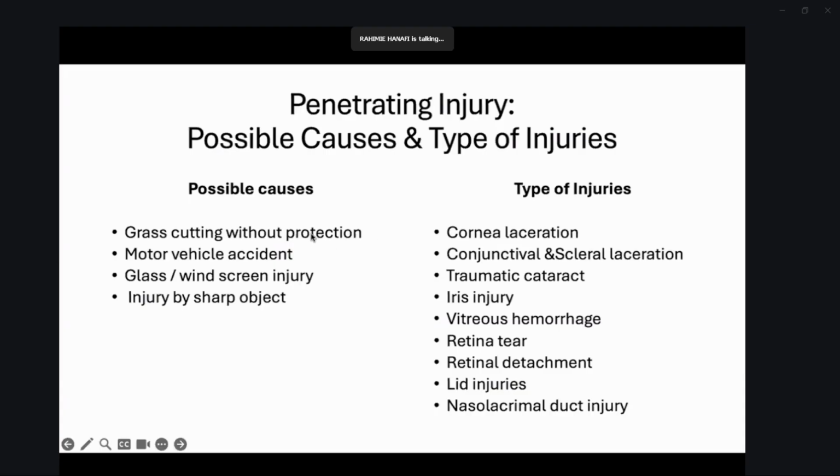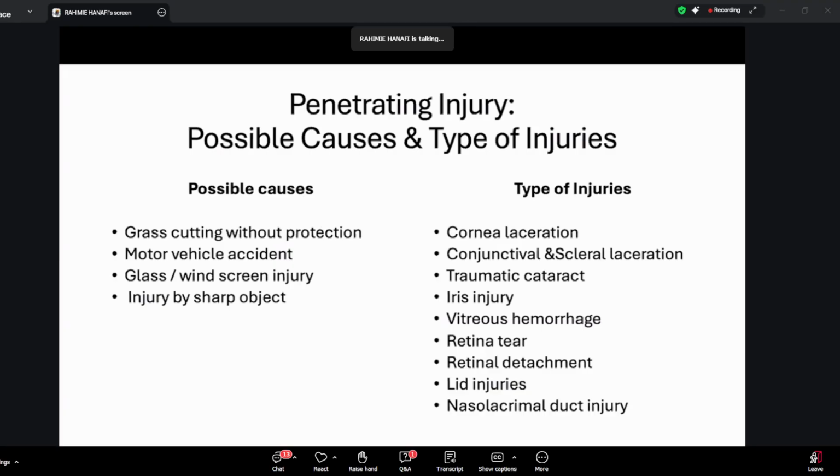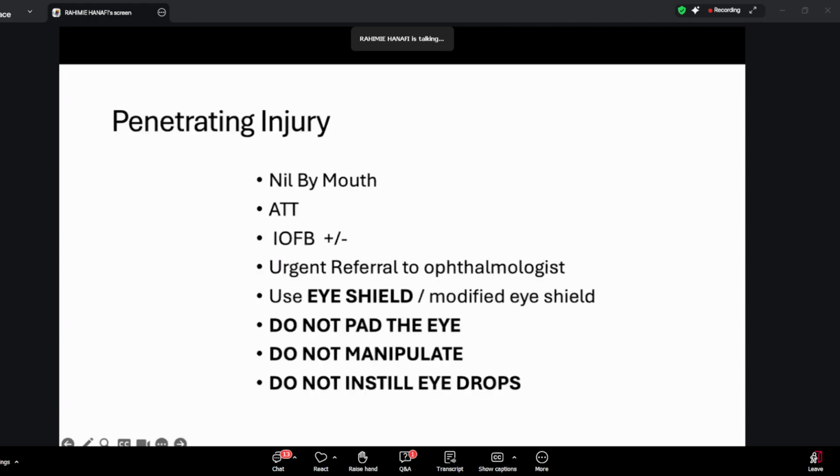And this penetrating injury can have many things. For example, it can end up with corneal laceration, conjunctival scleral laceration, traumatic cataract, iris injury, vitreous hemorrhage, retinal tear, retinal detachment, lid injury, or NLD injury.